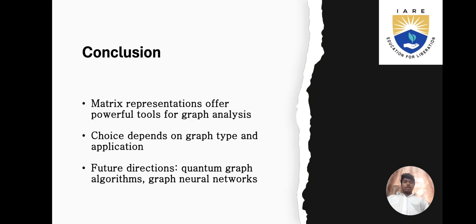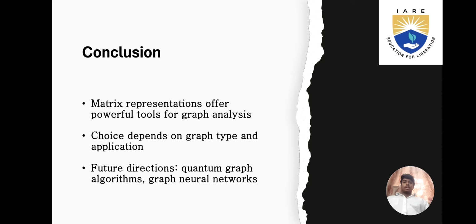Overall, matrix representation converts graphs to forms that enable linear algebra techniques, enabling advanced analysis and algorithm efficiency in diverse fields such as machine learning, network science, and engineering. Understanding the trade-offs of each matrix type ensures effective use and a deeper grasp of graph structure.